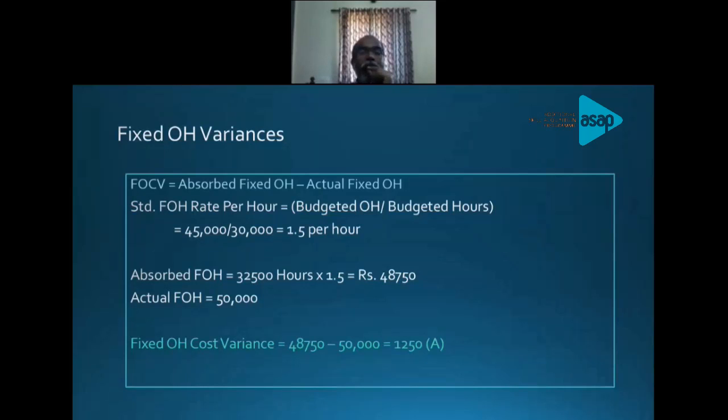So 48,750 is the absorbed fixed overhead, and actual fixed overhead is 50,000. The difference is 1,250. The variance is 1,250. Absorbed is less than the actual, so it is an adverse variance.